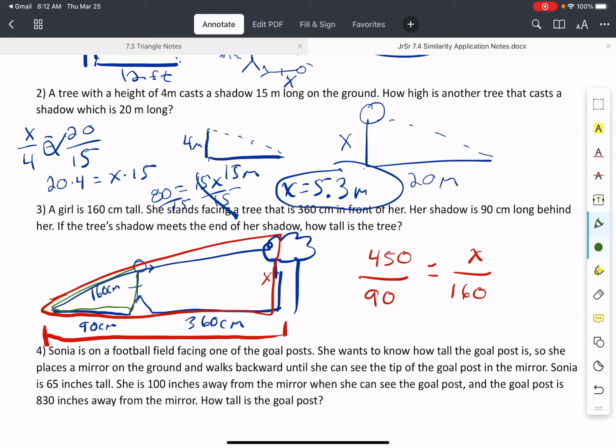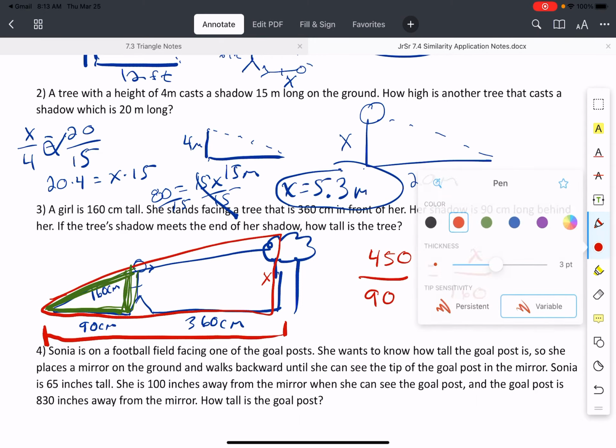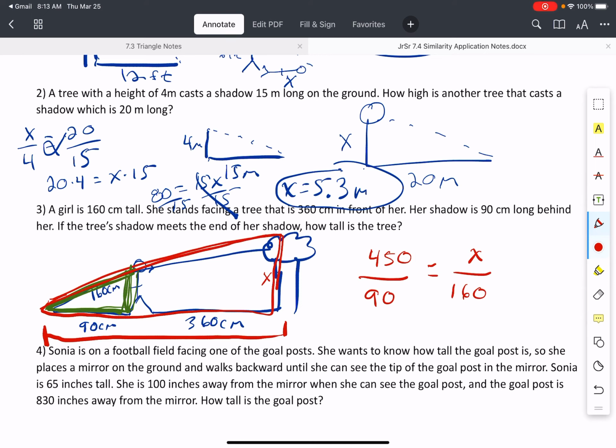Well, the 90 is part of the smaller triangle that I need, because that's my similar triangle with my bigger triangle that's in red. So the red triangle is the one that has the 450. Does that make sense, Kelsey? Okay. Yeah, Victoria. Is it 800 centimeters? I'm not sure yet. So now we can cross multiply.